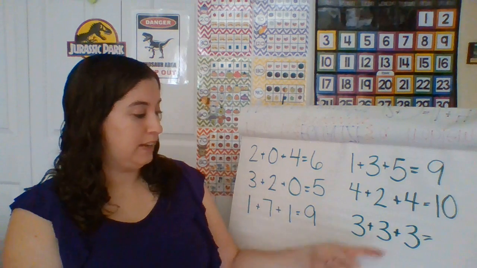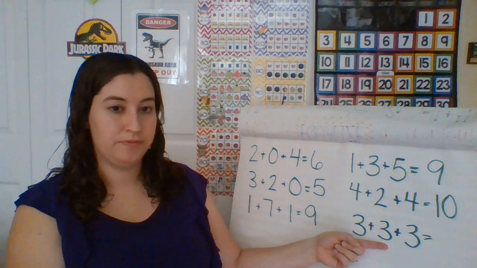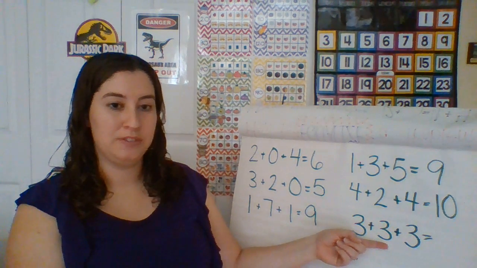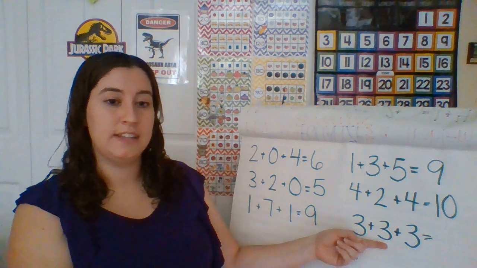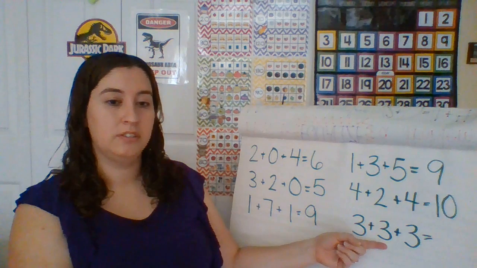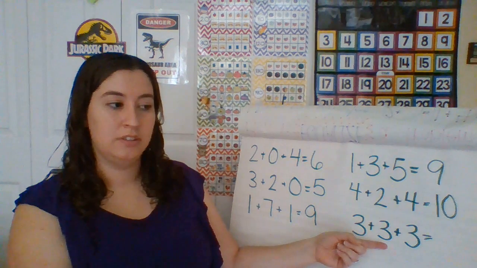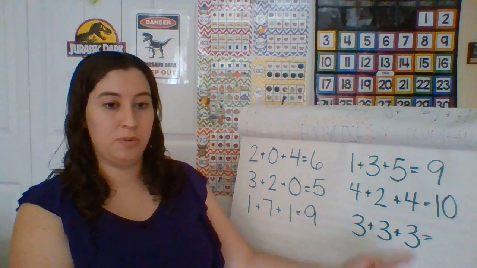If you're stuck, go ahead and start with those first 2 numbers. 3 plus 3, which you should know right off the top of your head, because that's a doubles fact. Then add 3 more to it.